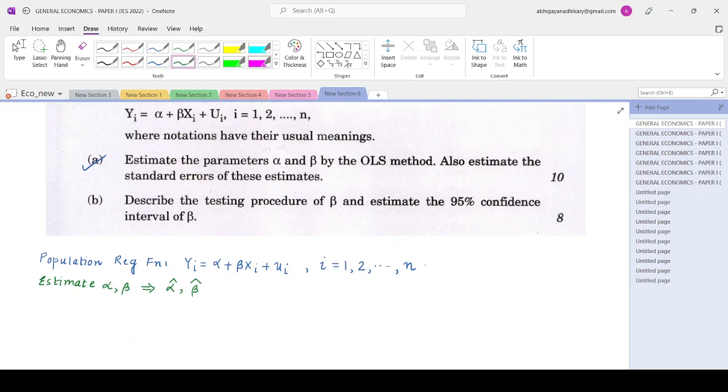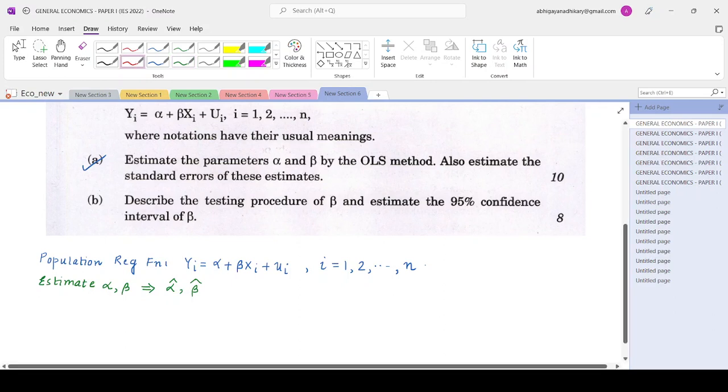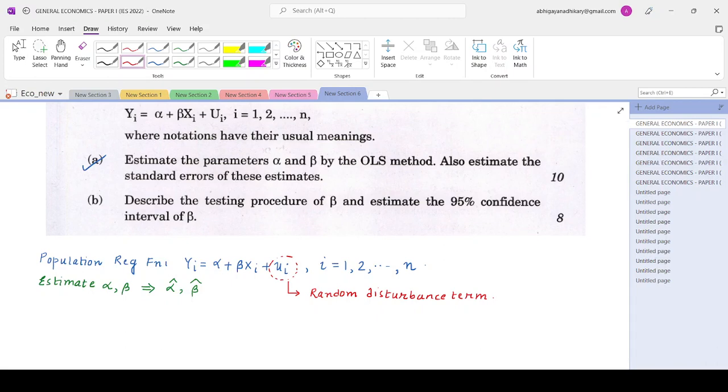Now understand this carefully, that this ui is what we refer to as a random disturbance term. That means a part of the yi can be explained by x and there is some small part of error that might be included.